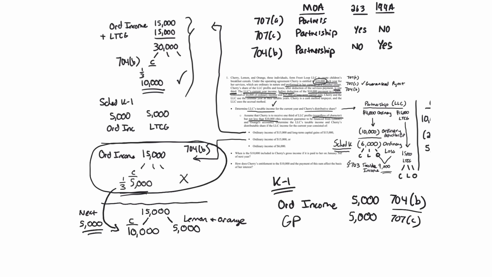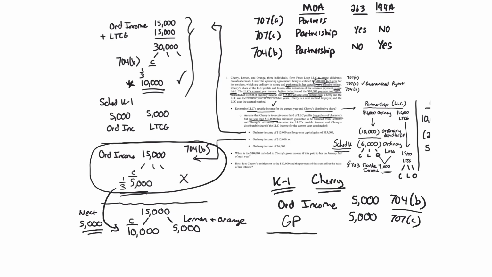Because the idea is that your taxpayer is going to get a 20% deduction for qualified business income. So, hey, that's a $1,000 deduction on this $5,000. So if we were to say $10,000 of distributive share, like we had in the first part of the problem, right, up here, they get $1,000 more of deduction than they do down here. That makes a difference. Okay? So that's what it looks like on Cherry's K-1.